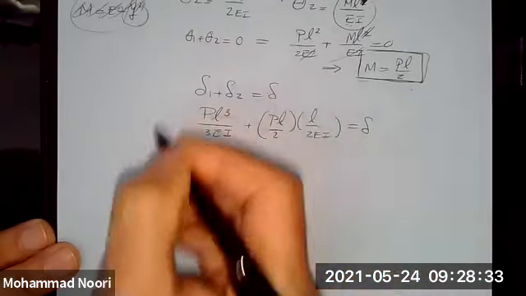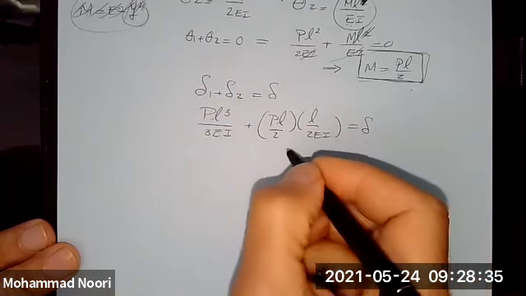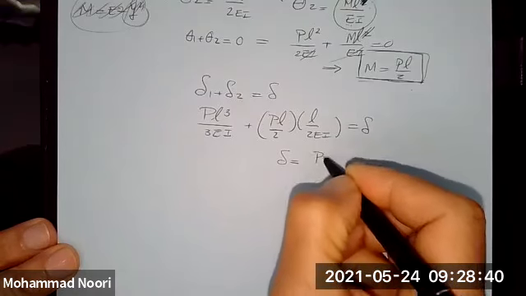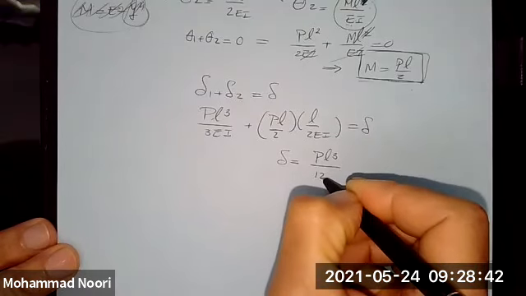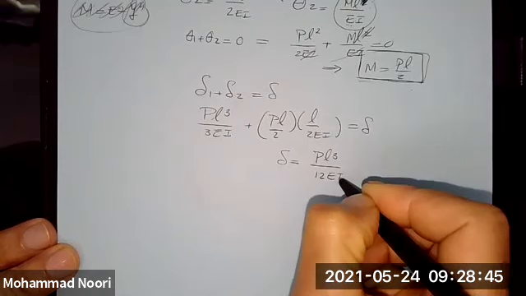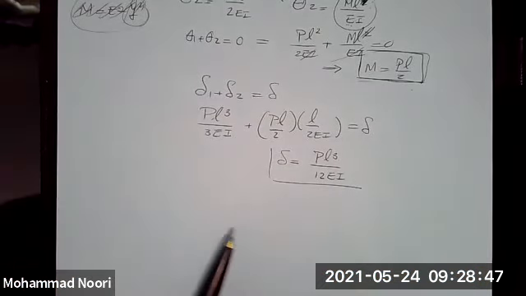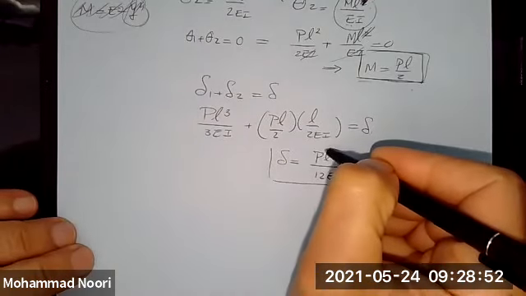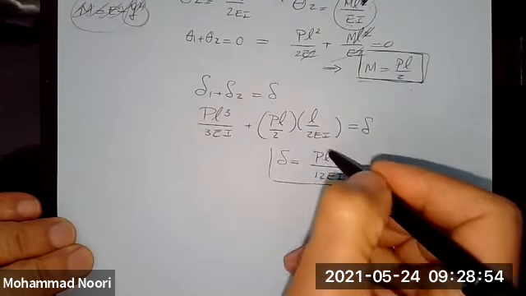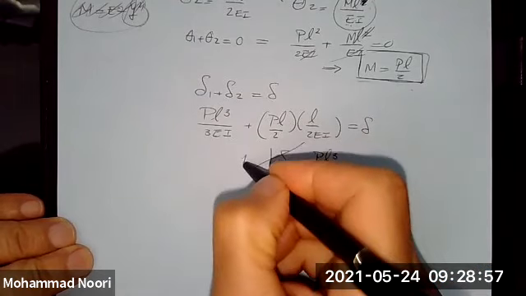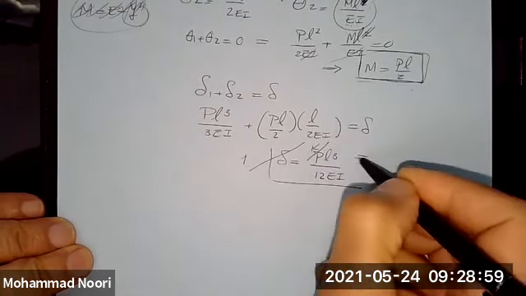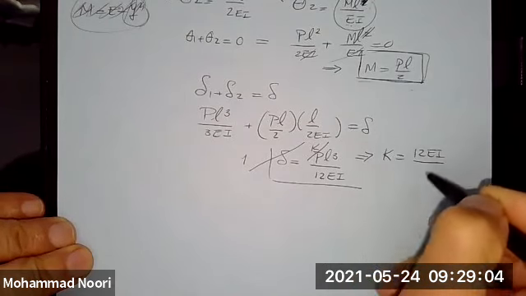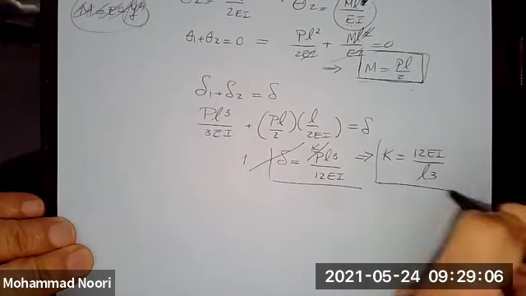And if you simplify this, a little bit of algebra, you see that delta comes out to be PL cubed over 12EI. So we could relate now the displacement to the applied force, and therefore the stiffness, which is the force causing unit displacement, would be what? K would be 12EI over L cubed.